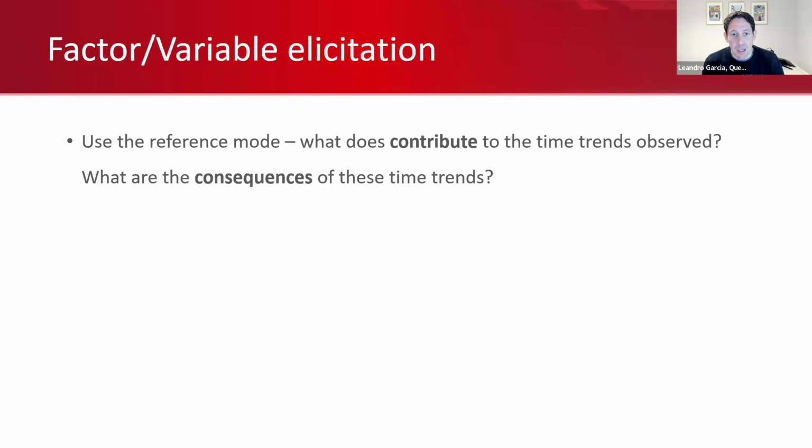That also means that if you have a factor that you don't know whether it's a contributor or a consequence, because sometimes it's one and sometimes the other, that doesn't matter. You just need to list that variable as an important contributor or consequence.